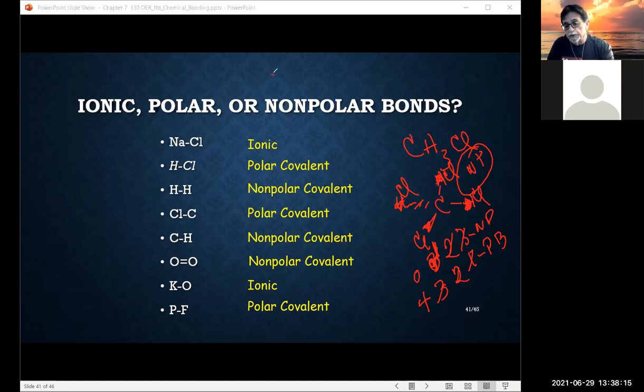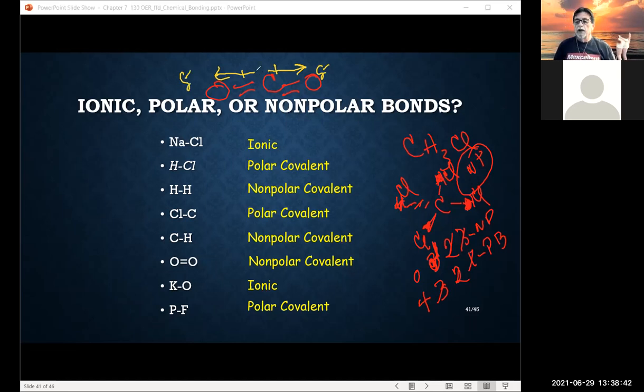Another example is carbon dioxide. We did that example, but here's a refresher. Carbon dioxide has 2 double bonds, and 2 polar bonds. This carbon oxygen bond is polar, and this carbon oxygen bond going the opposite direction is polar. There's a partial negative over here, a partial negative over here, and 2 partial positives.